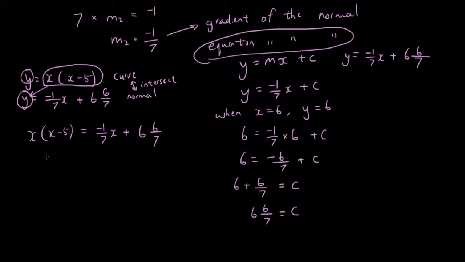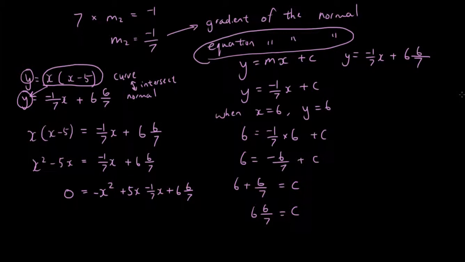So we got to expand everything out: x squared minus 5x equals negative 1 over 7x plus 6 and 6/7. Now let's move everything to the right: 0 equals negative x squared plus 5x minus 1 over 7x plus 6 and 6/7.